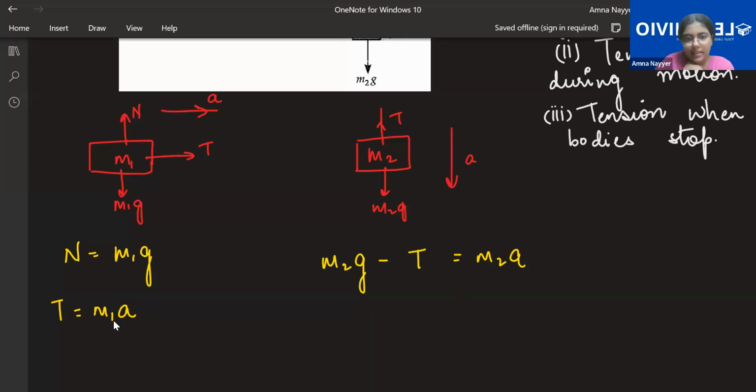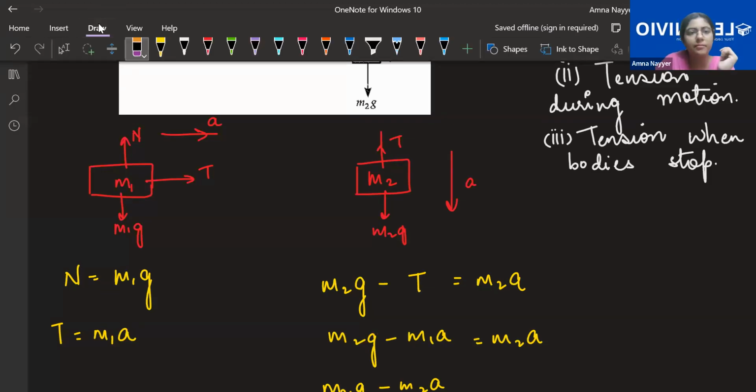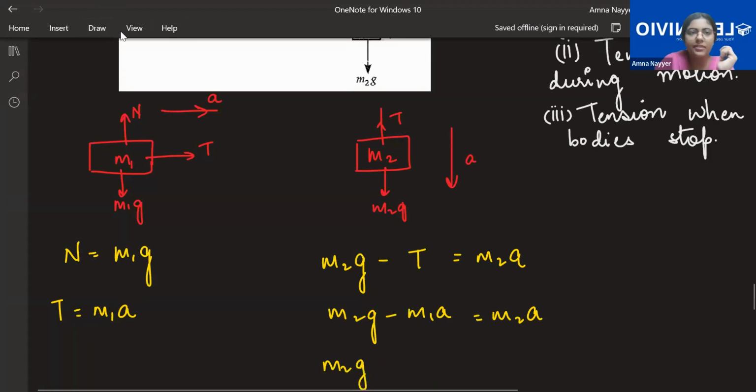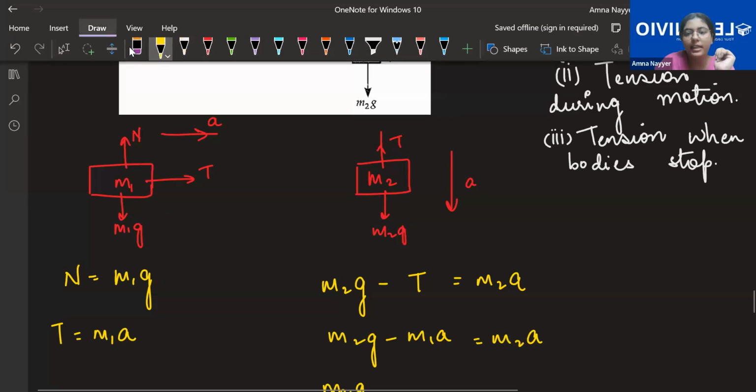Now I can simply substitute tension from the first equation, because here there is no T minus M1G, it's not along gravity. So if I put the value of tension, I will get M2G minus M1A is equal to M2A. Let's do a bit of shifting. We need acceleration, so let's shift M1A to the other side, because the first part asks for acceleration, not the tension.